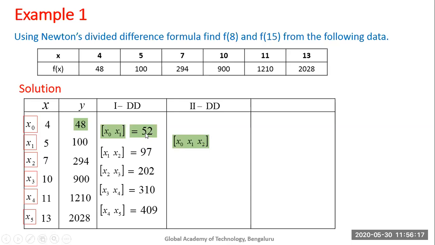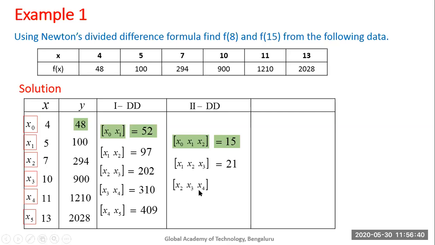So 97 minus 52 divided by 3, you get 15. Next, the notation starts with x1: x1, x2, x3. Take the difference of 202 and 97, so 202 minus 97 divided by x3 minus x1. x3 is 10, so 10 minus 5 is 5, and you get 21.